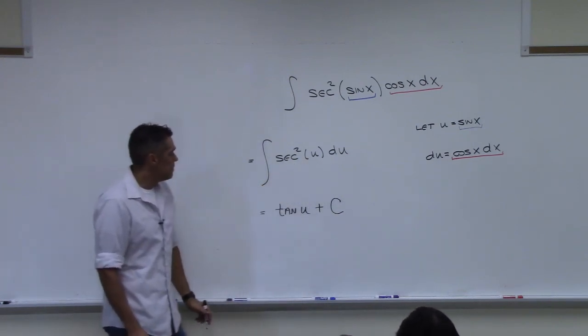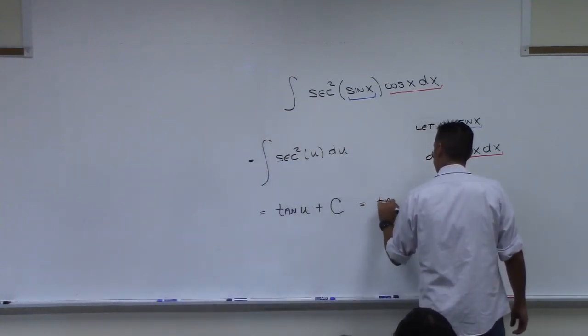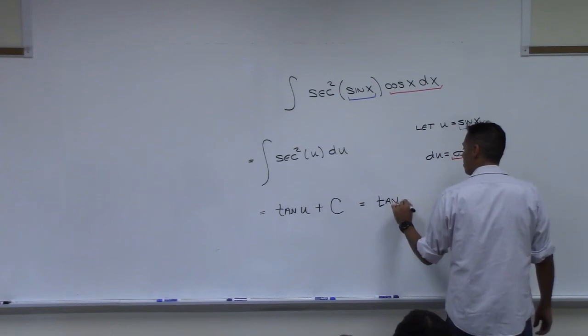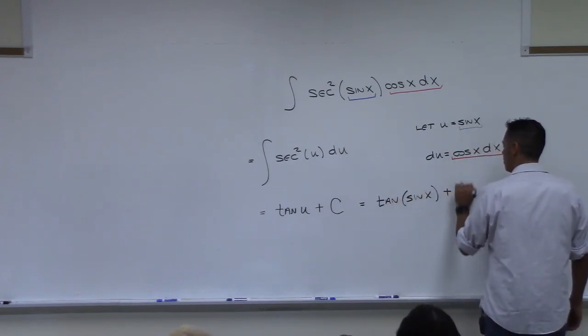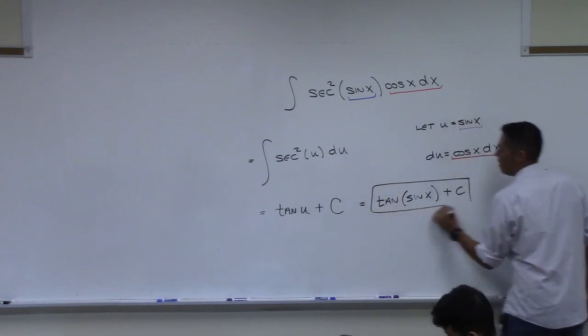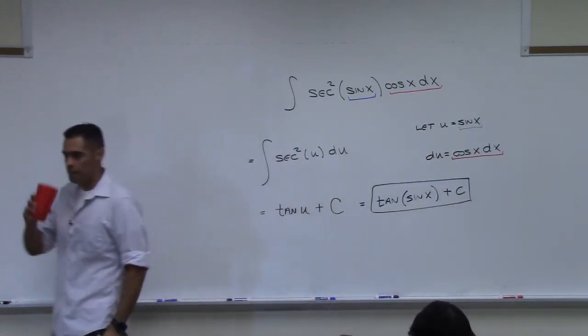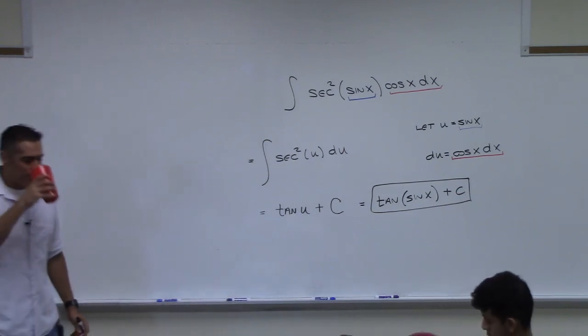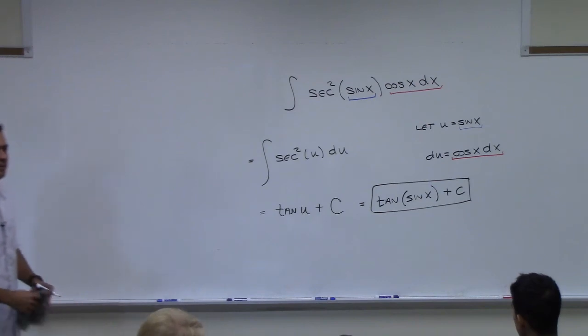And now the final step is to replace the u with sine of x. So tangent of sine x plus c, box it up. And then you could check it by taking its derivative and using the chain rule. Okay?